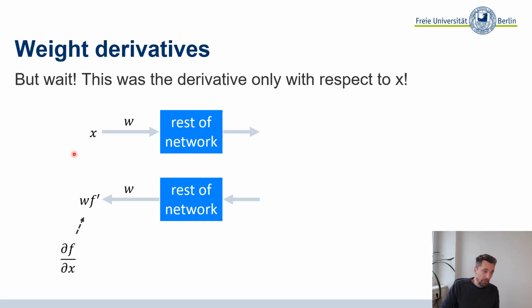And by using backpropagation, we come up with the gradient f prime times the weight, right? So that's the derivative, the gradient of the network with respect to x.